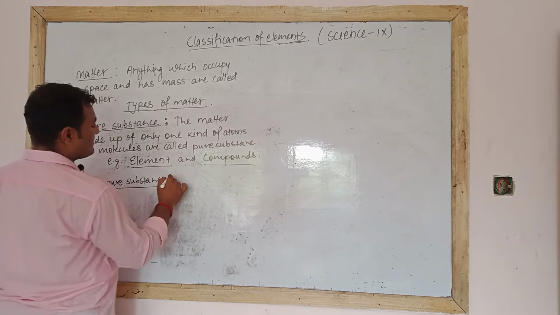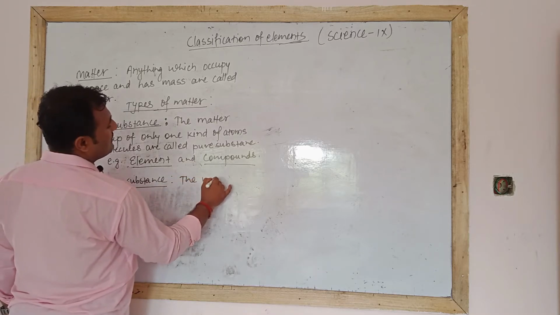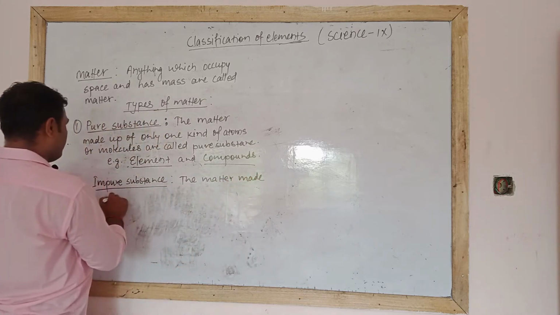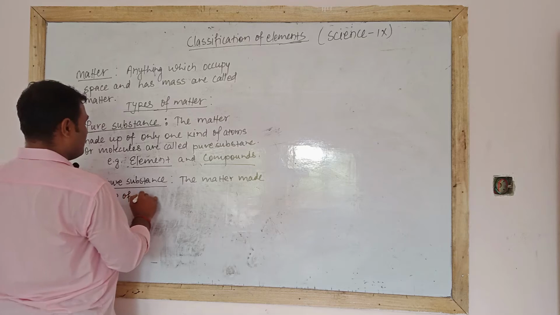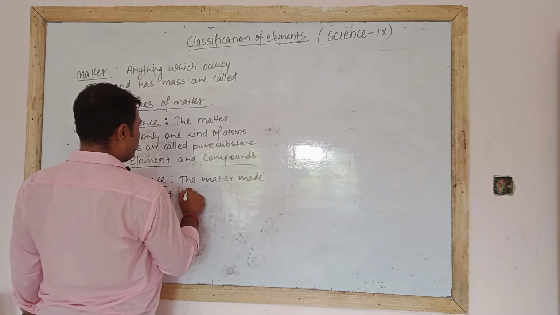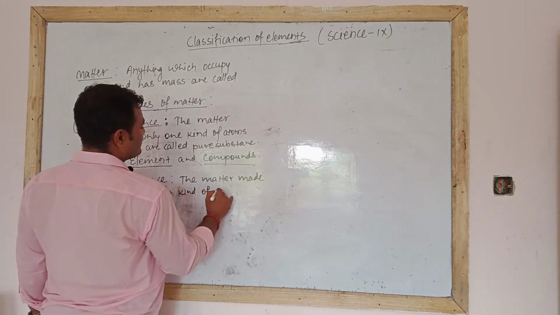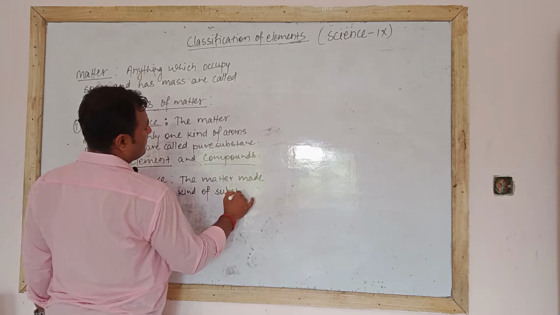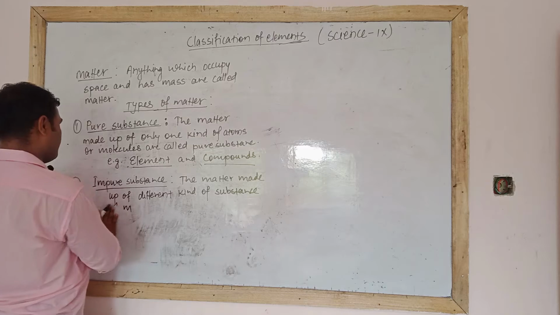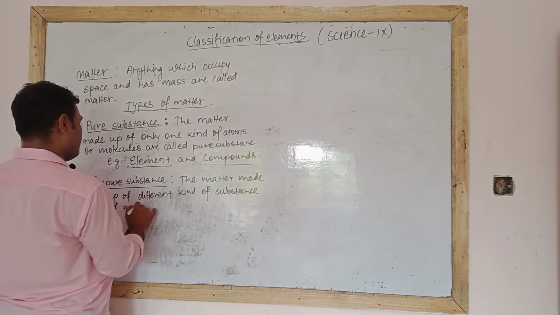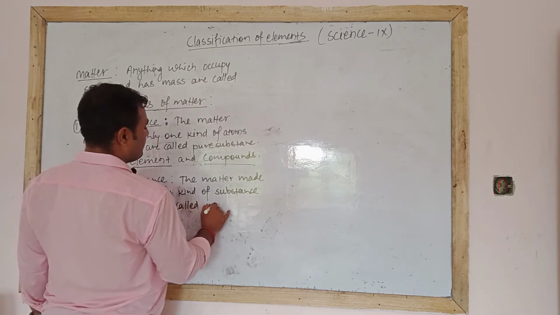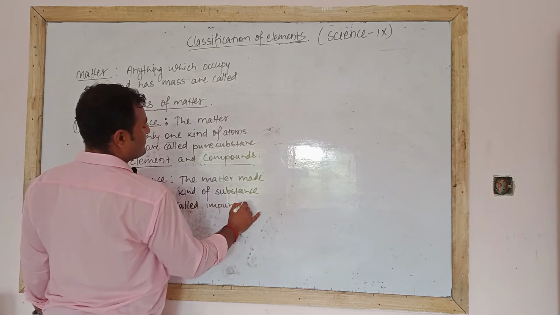Here we write: matter made up of different kinds of substance or matter is called impure substance.